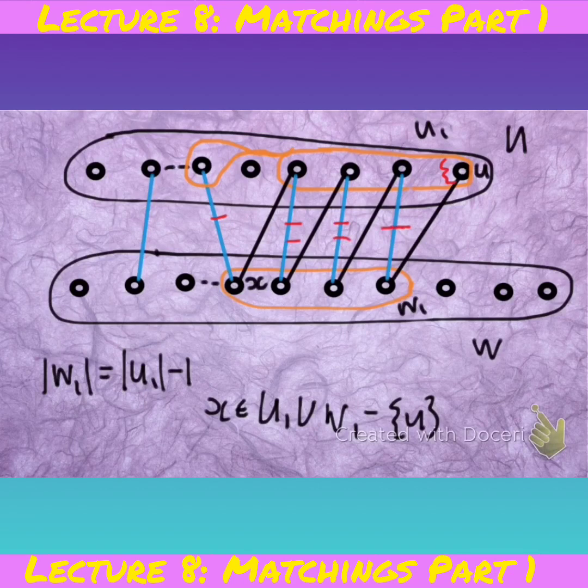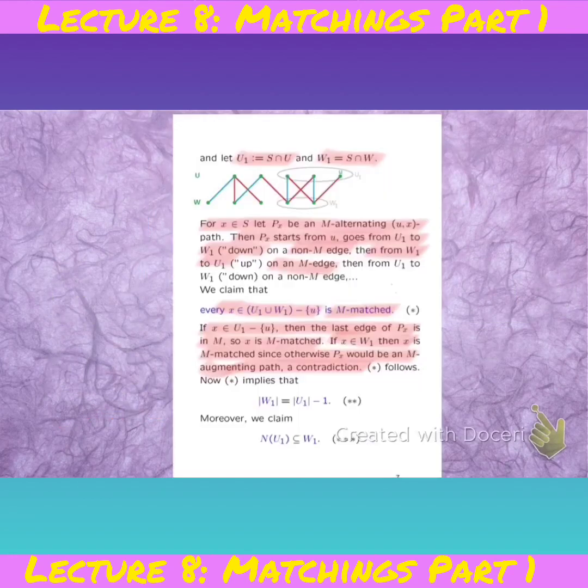Okay, so the cardinality of W1 is exactly equal to the cardinality of U1 minus 1. Right, so we have that little relationship there. Now what we just claim is the following. We claim that the open neighborhood set of U1 is actually contained in W1.